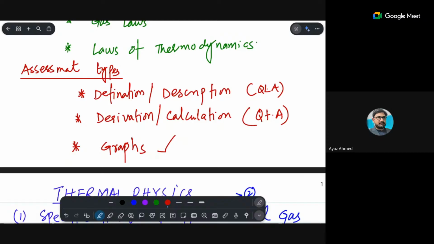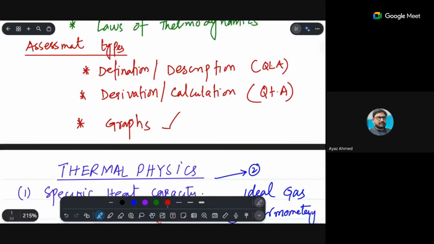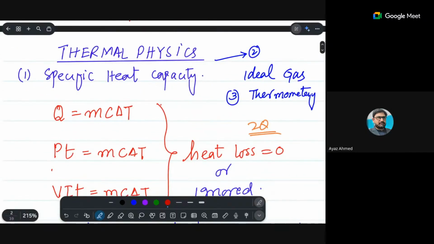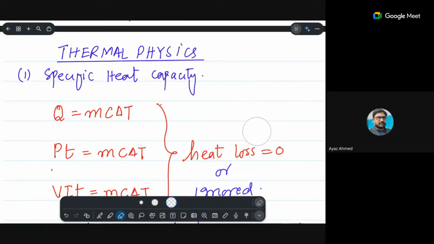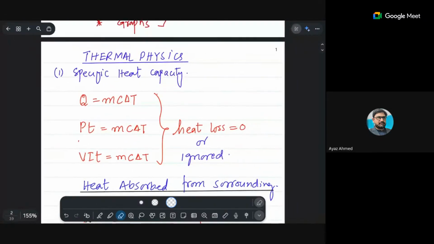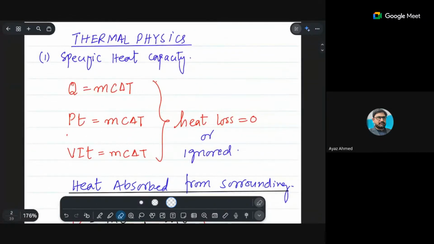Any confusion or any question till this point? So here I have started from the thermal properties of matter, because I believe this topic is a repetition of your prior knowledge, your O levels knowledge. That is why I have started the discussion from this one.